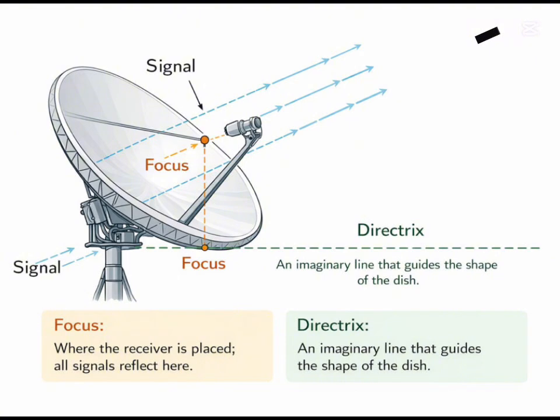So now with this ellipse, you can see the directrix clearly there, indicating how it's perpendicular to the focus, no matter where the foci is, right? So that is how a directrix works. From the image you can see the focus is where the receiver is placed. Good. That is where all signals reflect. Then the directrix is the imaginary line that guides the shape of the dish.